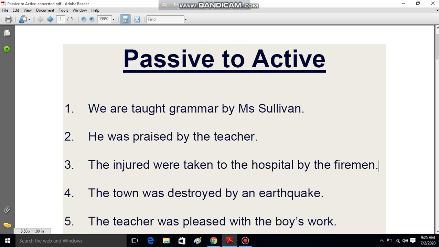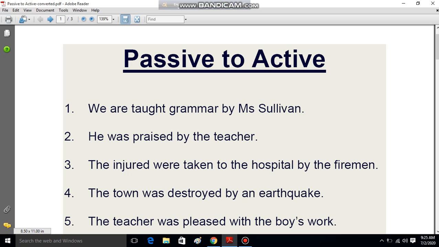We know that are, am, is are actually added in case of present simple tense. So the active voice will be in present simple tense.